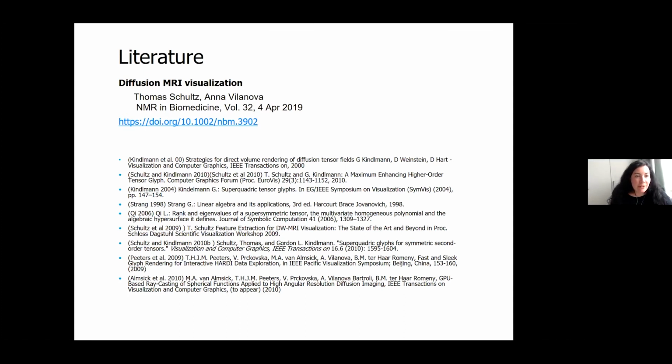Maybe one more question. I love glyphs, but from your personal perspective, how often do medical professionals actually make use of them, and in what specific context? Yes, so the thing is that with diffusion tensor imaging or diffusion-weighted imaging, they need to use this because there is no other way.